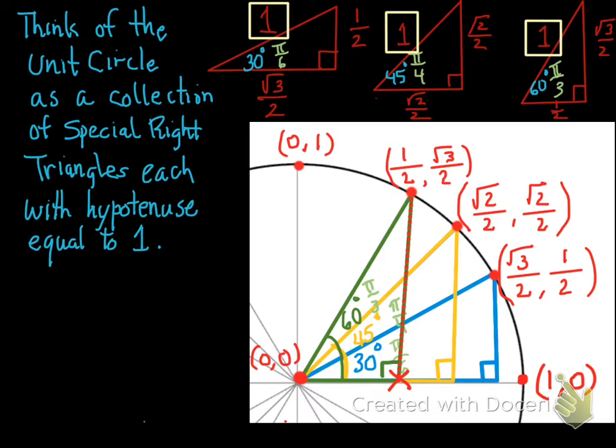Sine is defined as opposite over hypotenuse, and cosine is defined as the adjacent side over the hypotenuse. Well, the hypotenuse is equal to 1 here if I'm working these triangles. The hypotenuse is equal to 1. This makes these things pretty clean as I contemplate trigonometric functions as they exist on the unit circle.